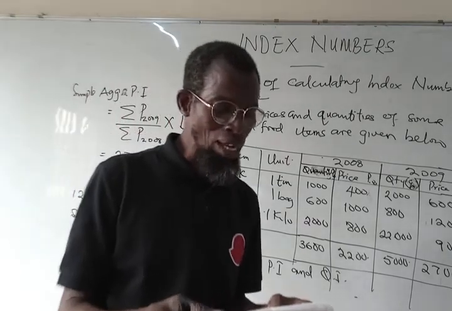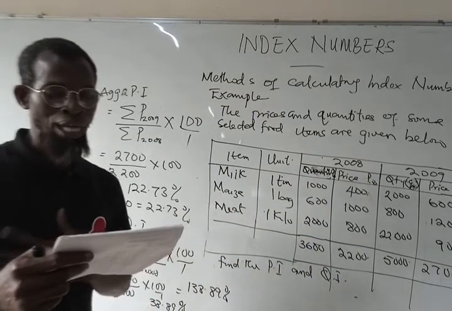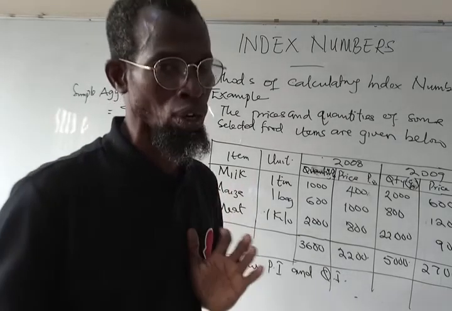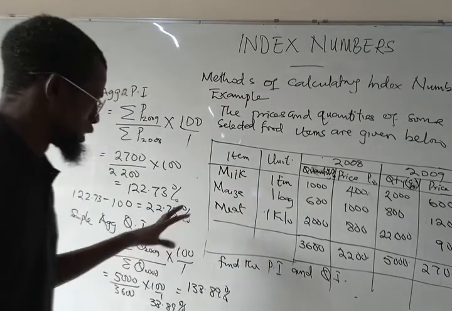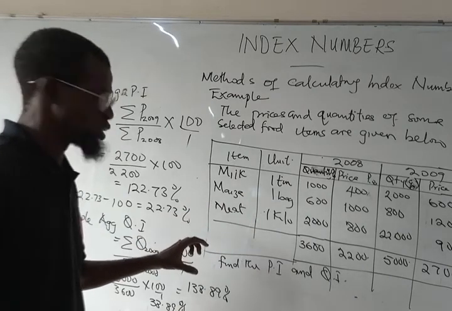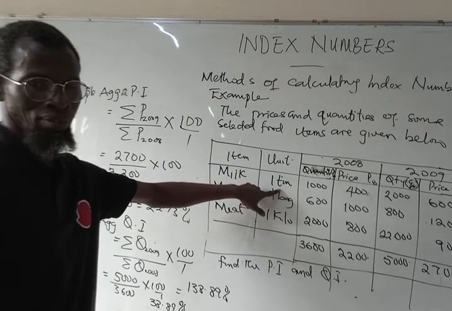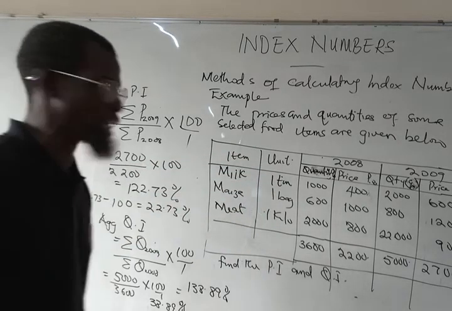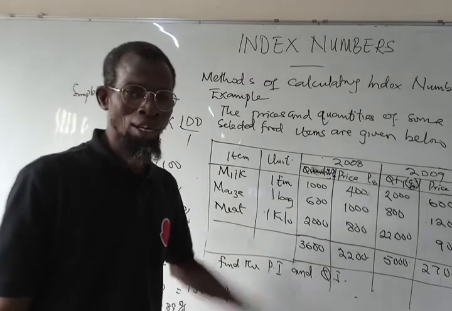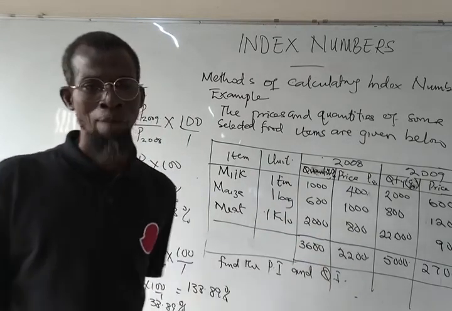Second, the value of the index is affected by the particular unit in which the items are measured. You can see this one is measured in bags; we don't know the size of that. But this one is in kilos. So this is a big disadvantage, because they are not measured in the same measurement.